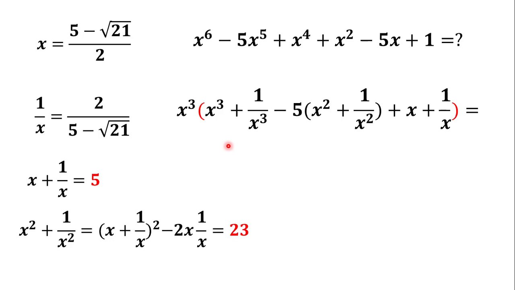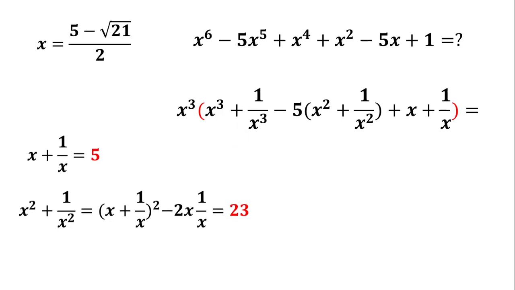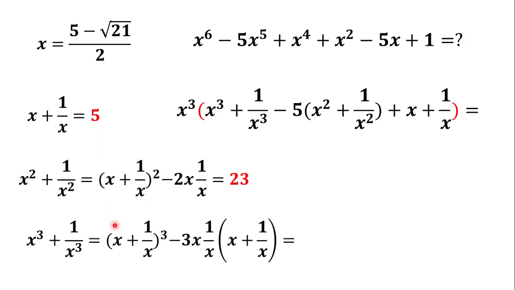Now we need to find x cubed plus 1 over x cubed. By using the algebraic identity, I can write x cubed plus 1 over x cubed equals (x plus 1 over x) to the power 3 minus 3 times x times 1 over x times (x plus 1 over x).